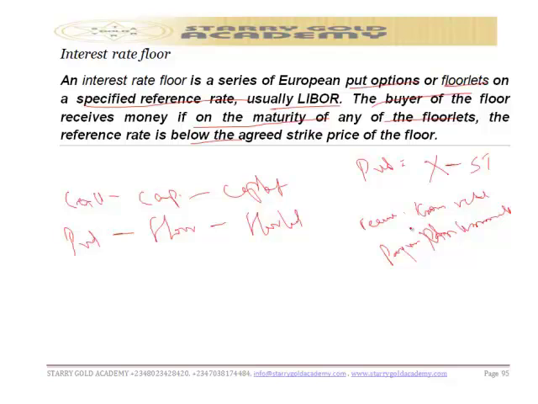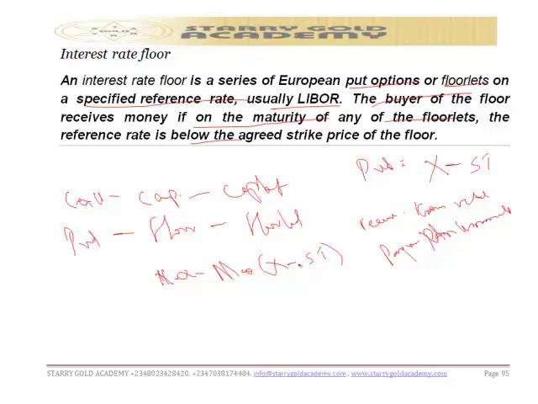The model for that is also like that of a floorlet: the notional principal times the day count fraction times the maximum of the exercise rate minus the unknown rate, or zero. It is like that.